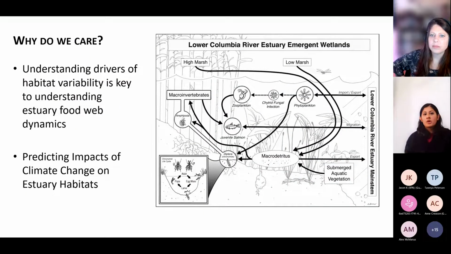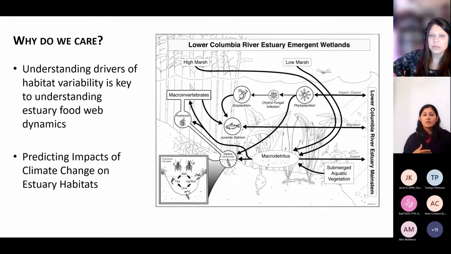Now, what is the importance of learning about primary productivity? The essential thing is that the marsh plants provide a higher quality source of energy when compared to phytoplankton and algae for the macroinvertebrates.